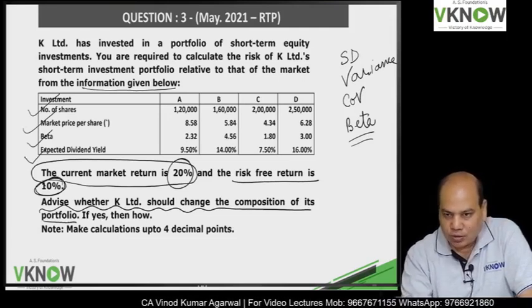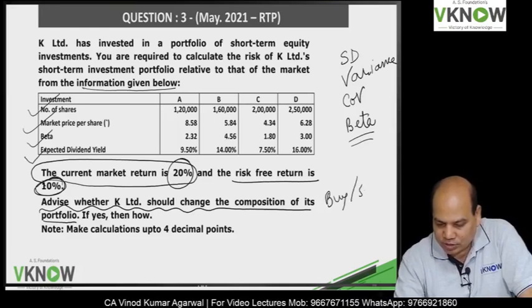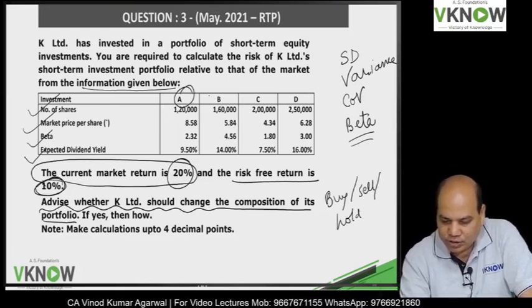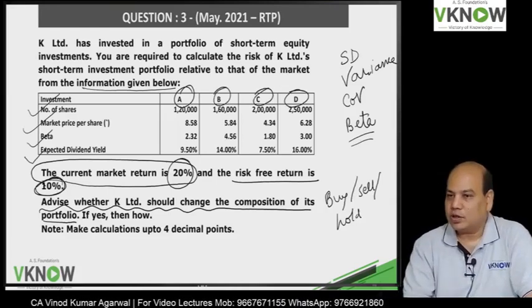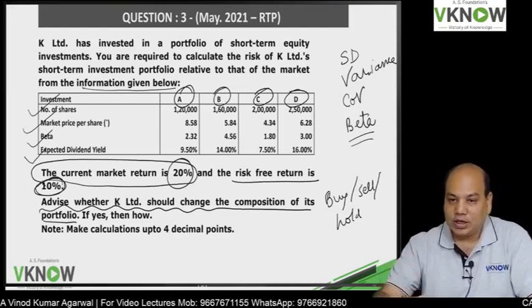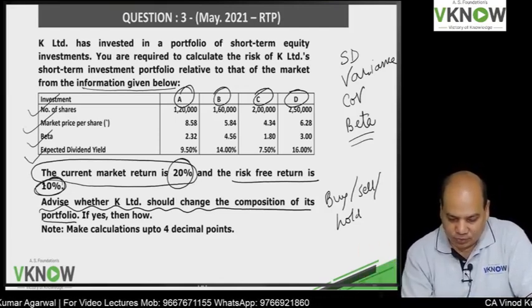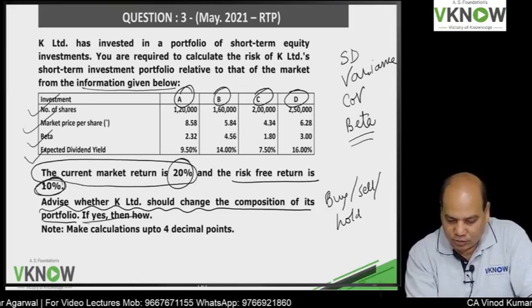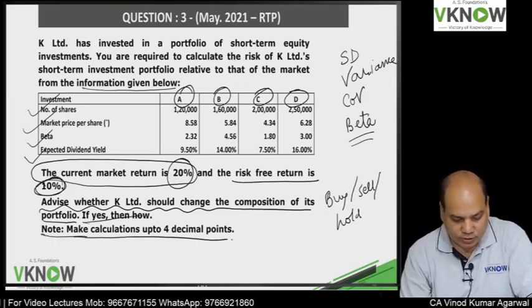Should it change the composition of the portfolio? Means should you buy, sell or hold? Right now you are investing in this share. Should you continue to buy, sell or hold? For that purpose we have to check whether they are underpriced or overpriced. If yes, then how? Note, make calculation up to 4 decimal points.